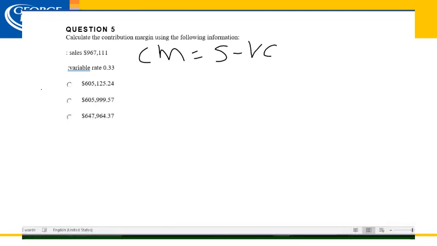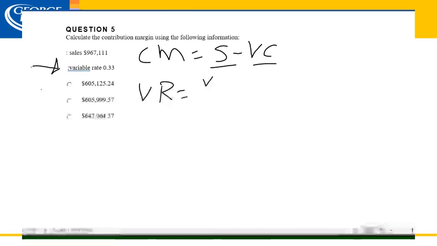Okay, in this particular example, we know what our sales are, but we don't know what our variable costs are. But we're given our variable rate. Again, if we want to find our variable costs, we look at the equation for our variable rate. Our variable rate equals our variable costs divided by sales.